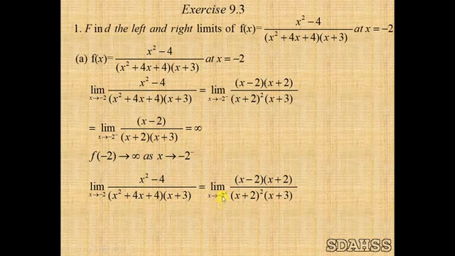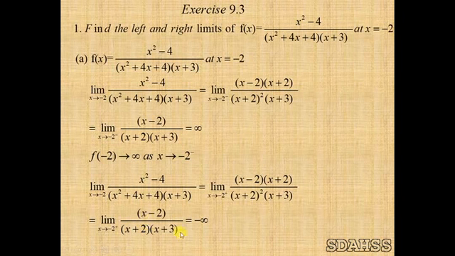Now you consider the right hand side, the right limit, minus 2 plus. x square minus 4 can be written as (x plus 2) into (x minus 2), divided by x square plus 4x, which can be written as (x plus 2) whole square into (x plus 3). x plus 2 cancels, so remaining you have limit x tends to minus 2 plus, (x minus 2) divided by (x plus 2) into (x plus 3).